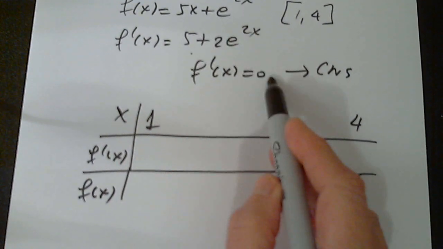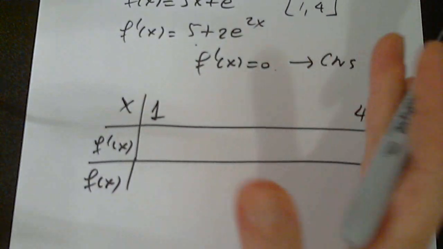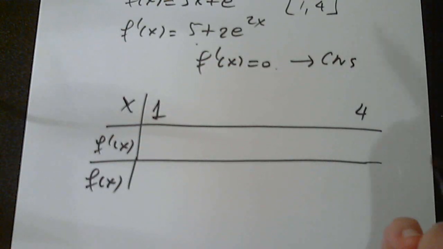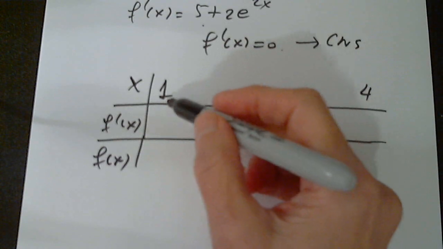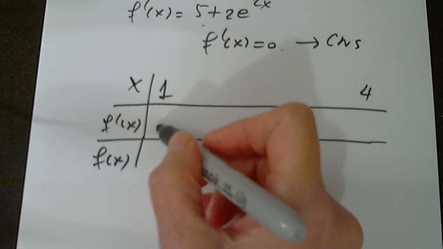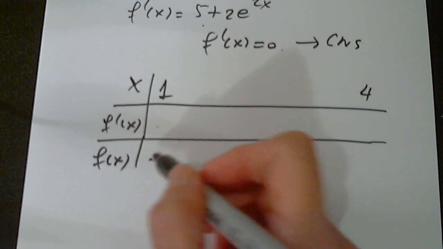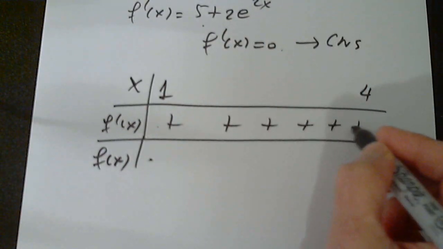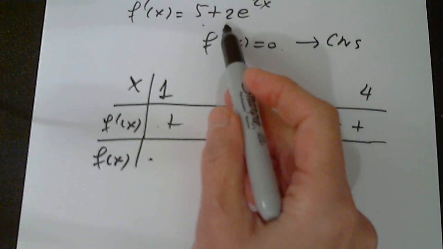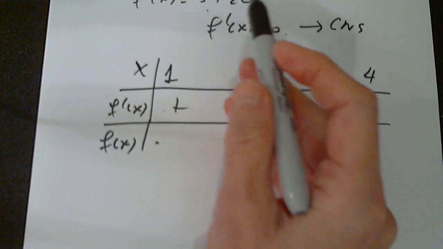This example will never be 0. If it's never 0, that's fine too. It may not have critical numbers. If it doesn't have critical numbers, I have to plug in 1 in the function and get the value here, because the derivative is always positive. This derivative is always positive, never 0, and never negative.